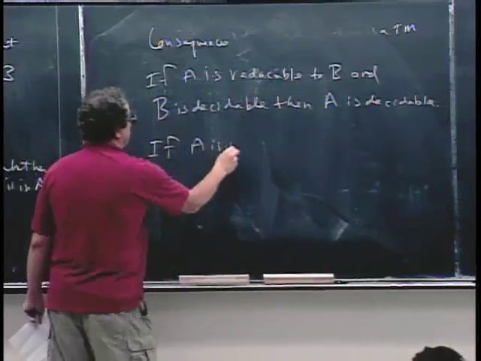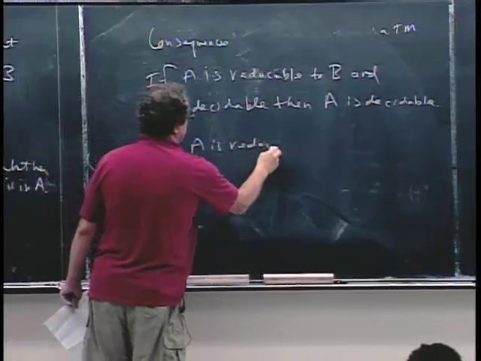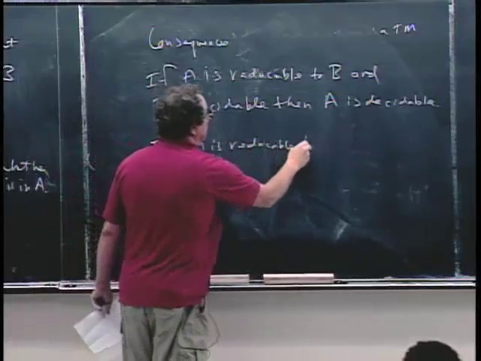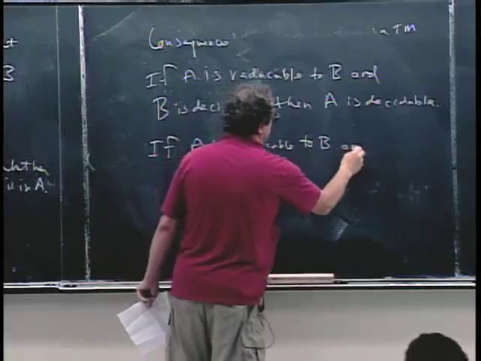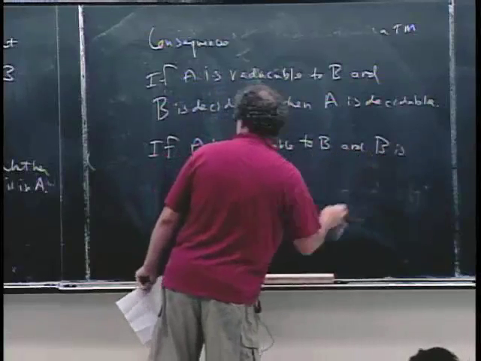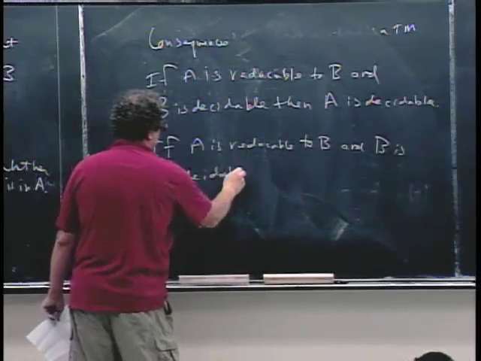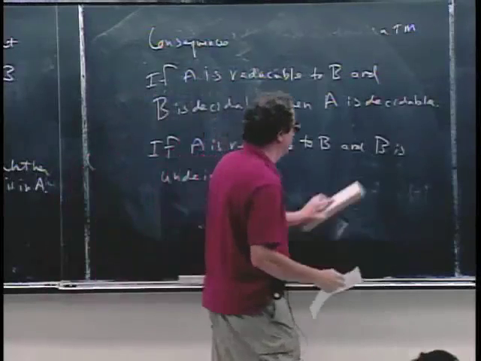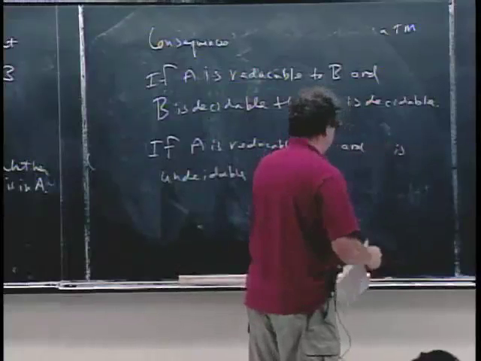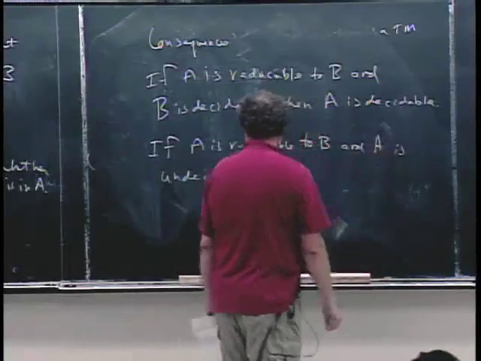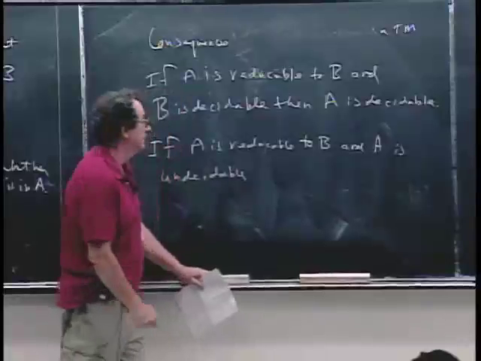If A is reducible to B and B is undecidable, then A is undecidable, then what?